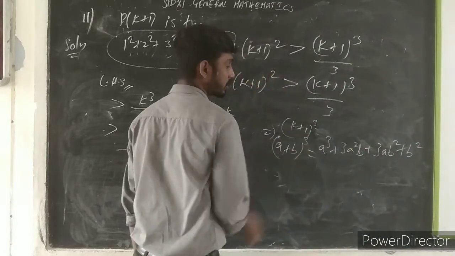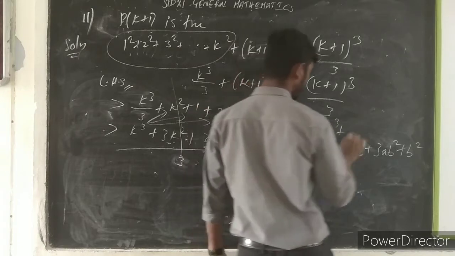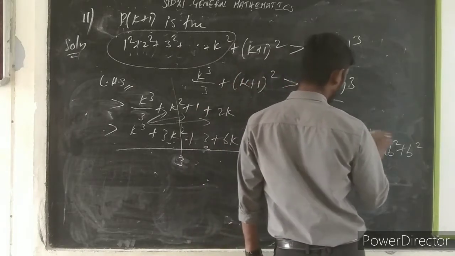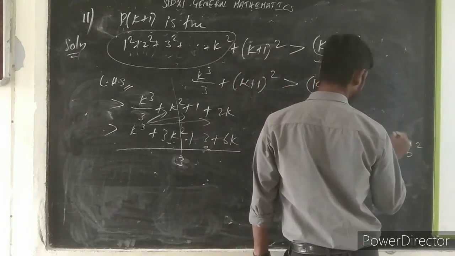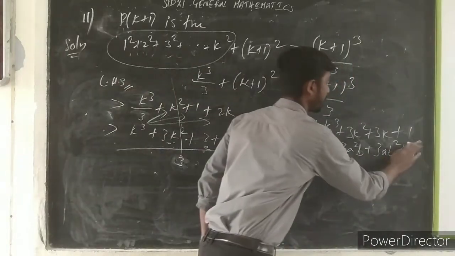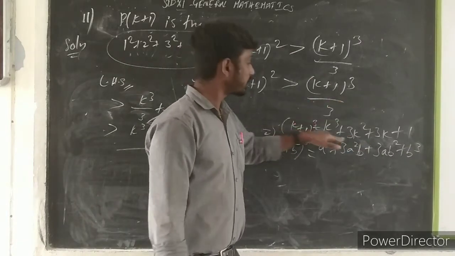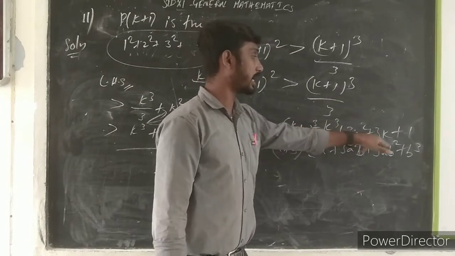Now we abbreviate this and get k cube plus 3k square plus 3k plus 1. So this is the expansion of k plus 1 cube. The other value is k cube, 3k square, 6k plus 3.